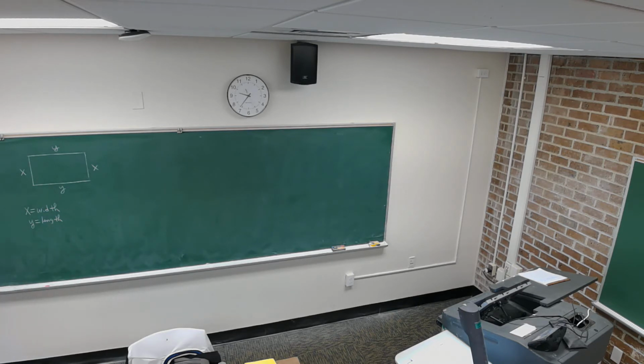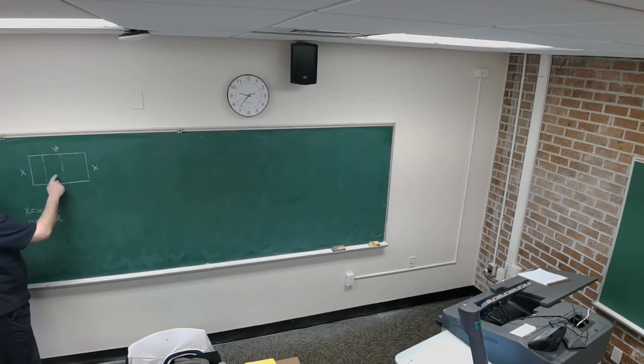Okay. But he also wants to divide this rectangular area into 4 pens. Okay. So there's 1 pen, there's a 2nd pen, here's the 3rd pen, and the 4th pen.